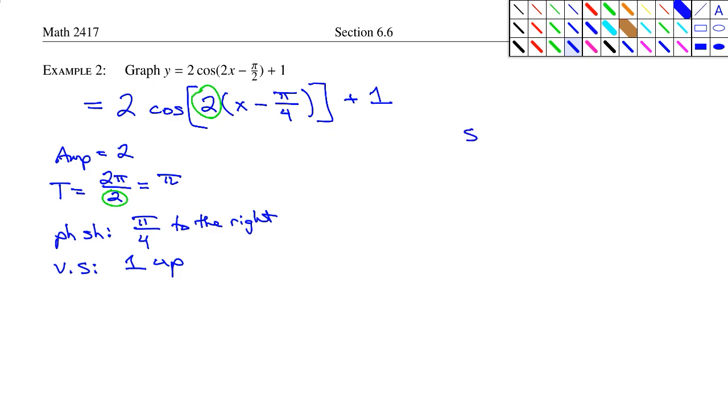So now I want to start at pi over 4, analyze one period. It's going to start at pi over 4 and go over pi, which is 5 pi over 4.